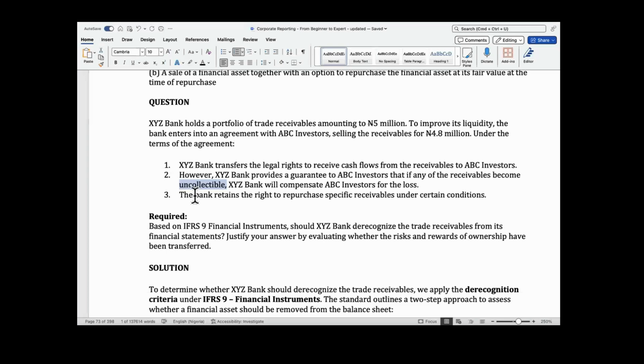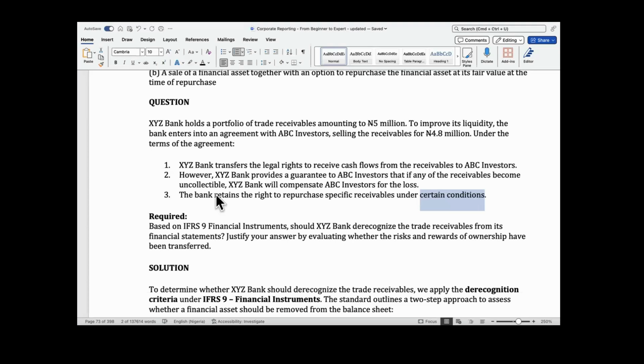Not only that, he can also repurchase under certain conditions. We don't know what conditions, as they were not so specific. So we cannot judge by the repurchase alone that he hasn't transferred the risk. We don't have sufficient information to really speak on this. So I would just say, it's okay, he can repurchase.